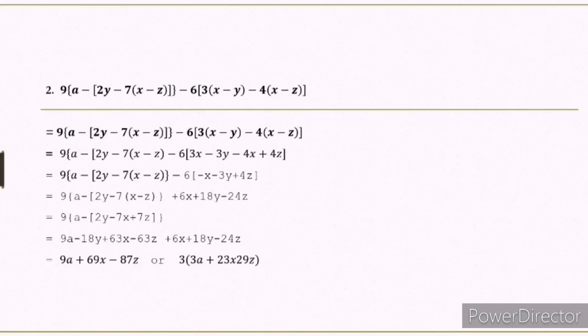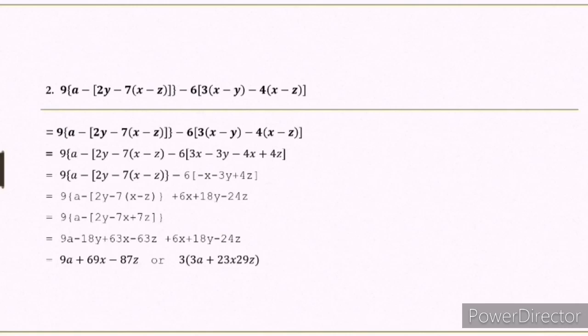Then quantity 9, quantity a minus quantity 2y minus 7, quantity x minus z, close. Then negative 6 times negative x is equal to positive 6x. Negative 6 times negative 3y is equal to positive 18y. Negative 6 times positive 4z is equal to negative 24.